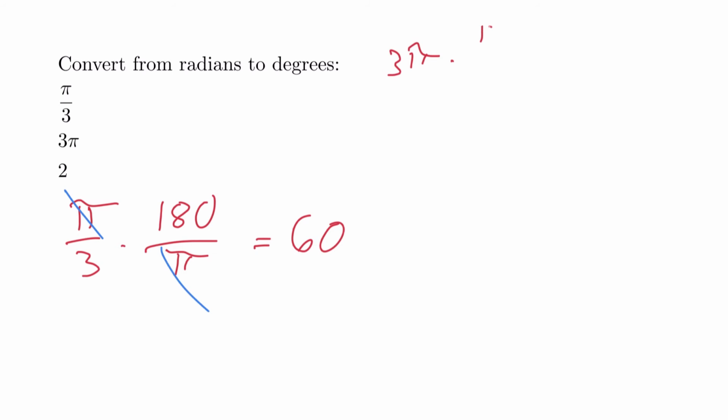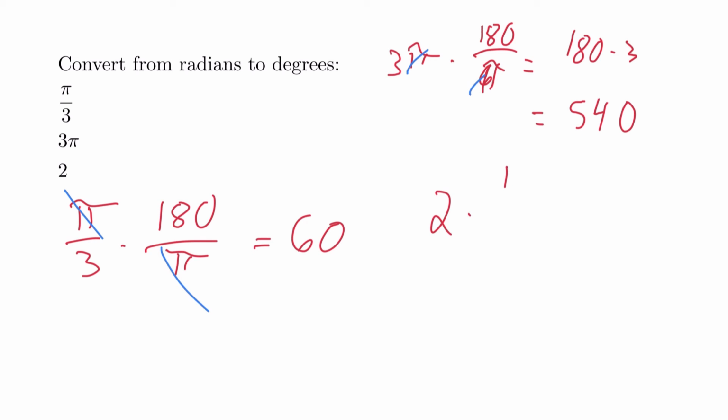3 pi times 180 over pi. So the pi's cancel, and I get 180 times 3, which is what? 360 plus 180, so 540. And lastly, let's just look at 2.